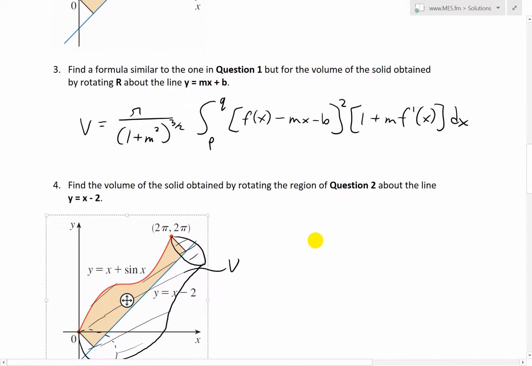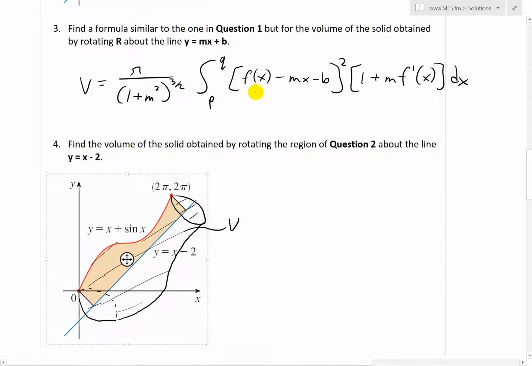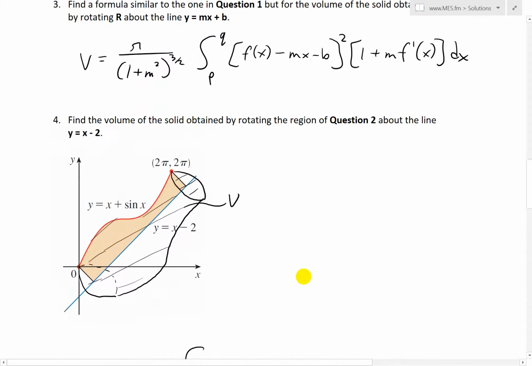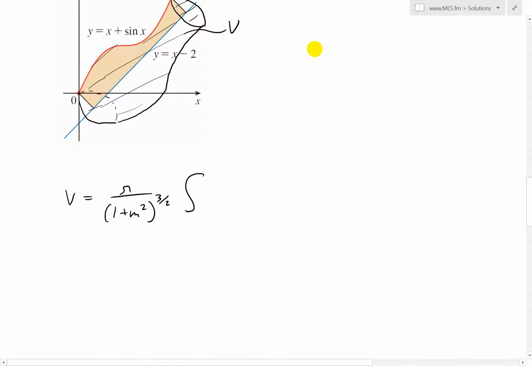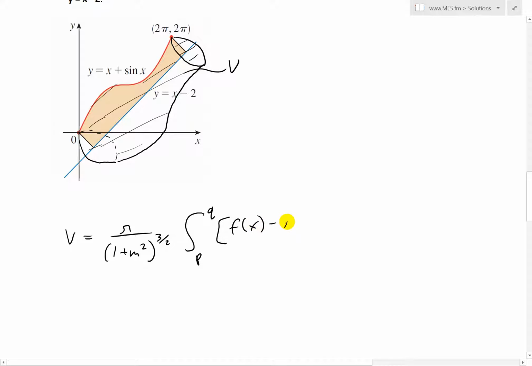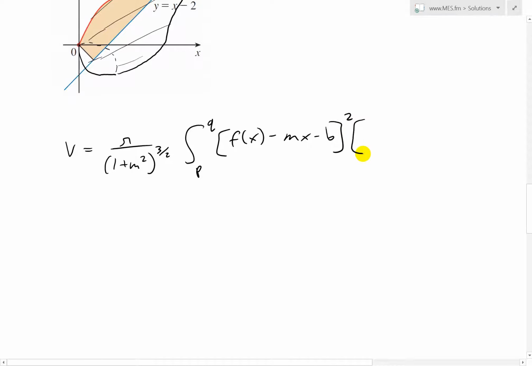For this volume, we can just use the formula that I went over in my last video. I derived this, so we can use that. We know that volume is equal to pi over (1 plus m squared) to the power of 3 over 2, and I'm just rewriting this right here, times the integral from P to Q of (f of x minus mx minus b) squared times (1 plus m times f prime of x) dx.